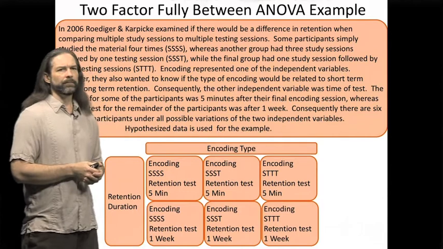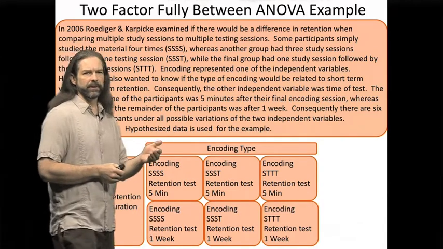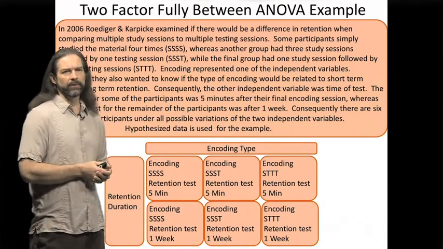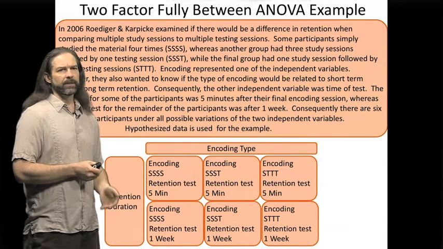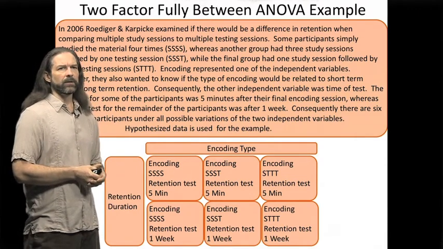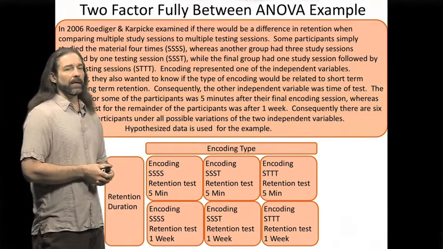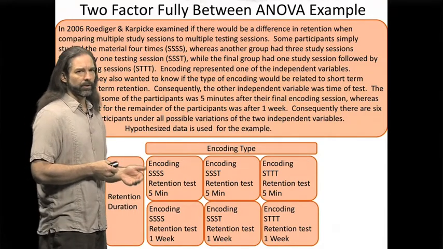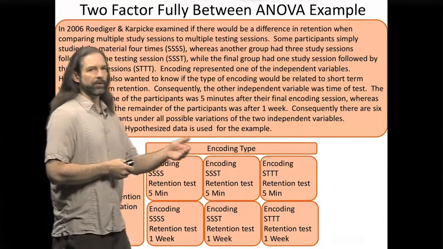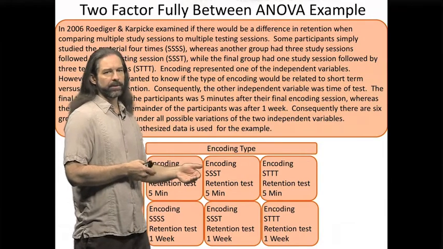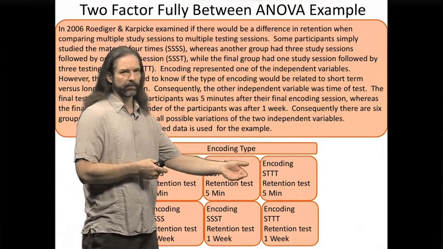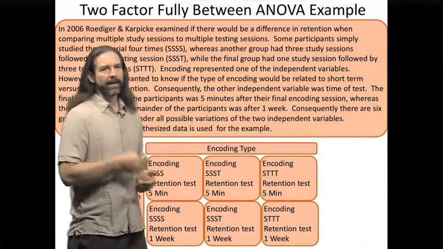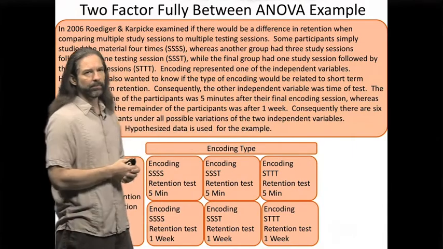Why might I want to do a mixed model? Well, imagine that I do have this encoding type. I've got the 3 different types of encoding situations, but imagine instead of retention duration, I'm instead looking at males versus females. Even though I could have the males do the 4 study, then also do a different group of words and do the 3 study and 1 test, and then likewise a different group of words, 1 study and 3 test, I can have the males do that as a repeated variable.